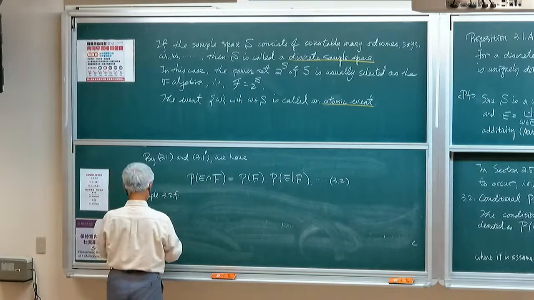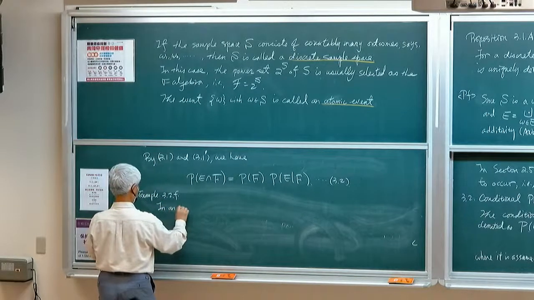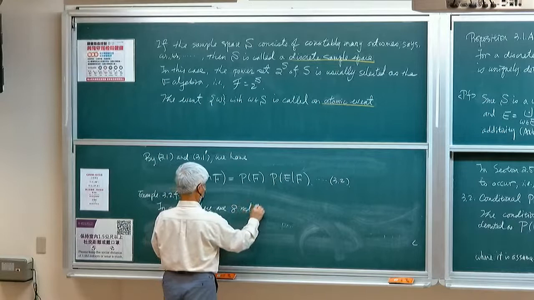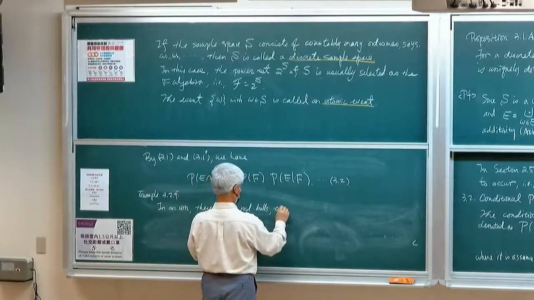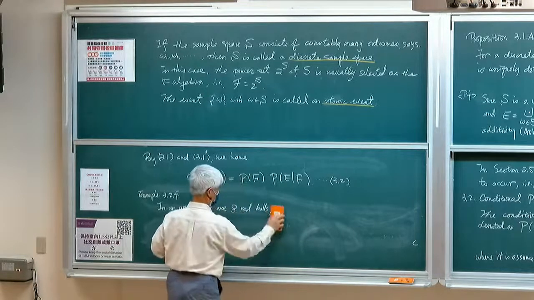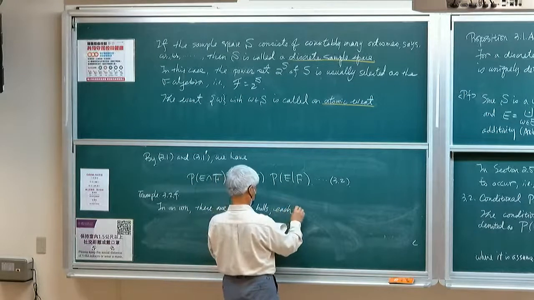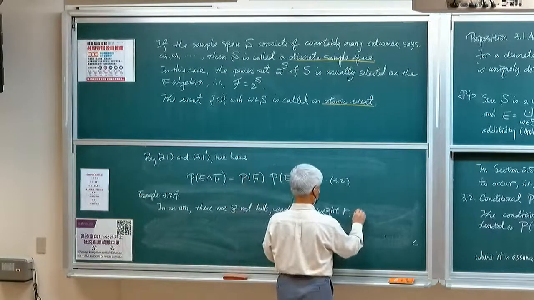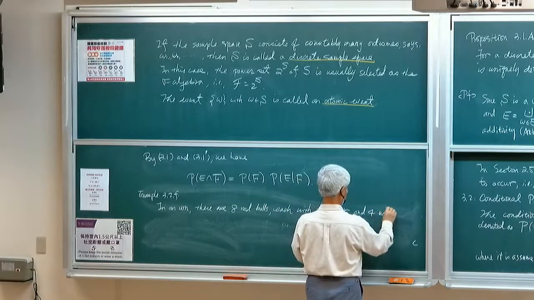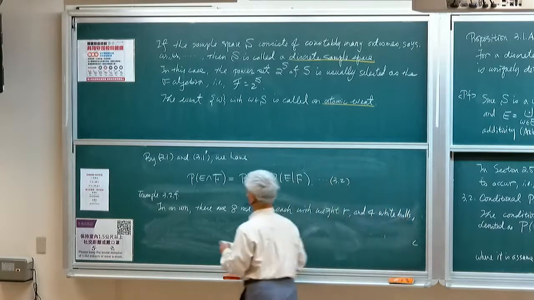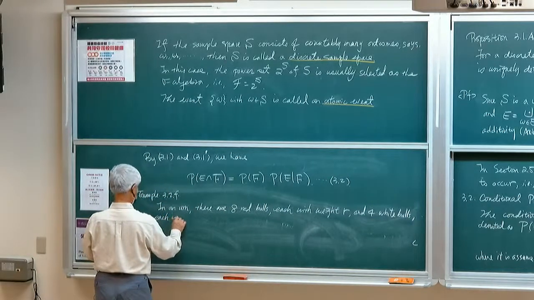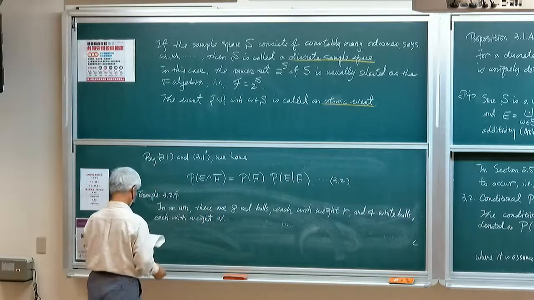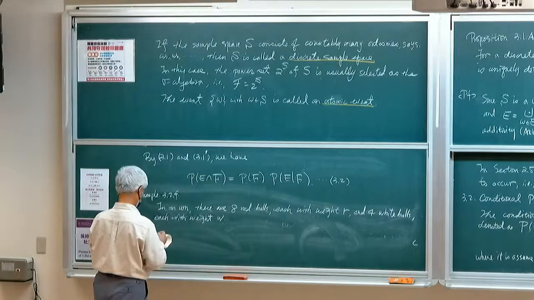Example 3.2.f. Okay, so in an urn there are 8 red balls, each with weight R, and 4 white balls, each with weight W. Okay? Right?